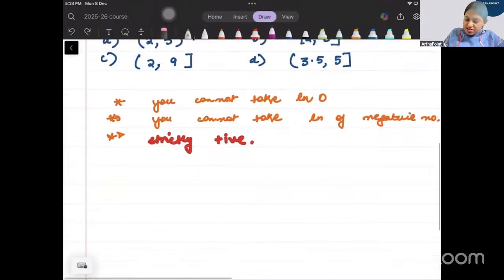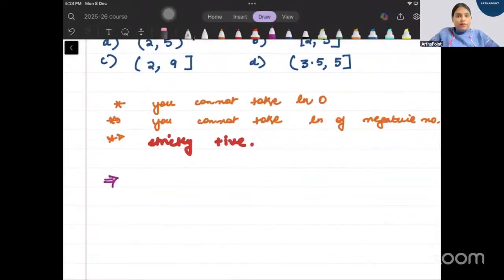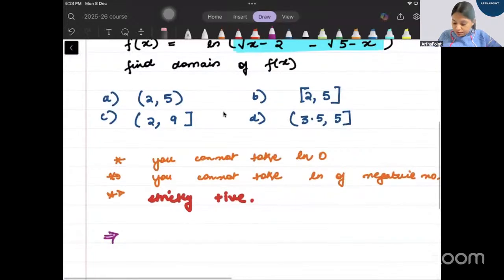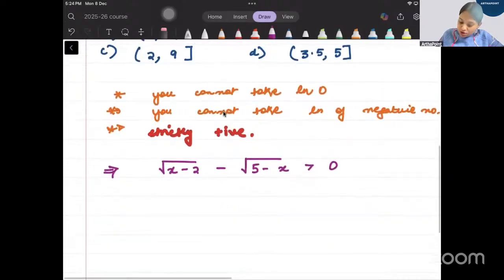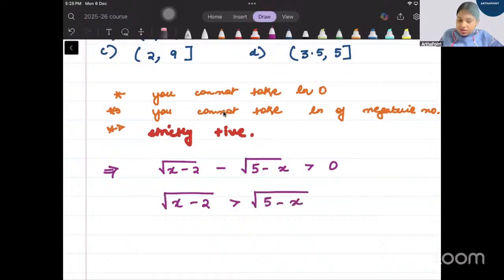So we understand that whatever comes inside the log function must be strictly positive. Therefore, x minus 2 under root minus 5 minus x under root must be strictly greater than 0. So you get x minus 2 under root must be strictly greater than 5 minus x under root, right?